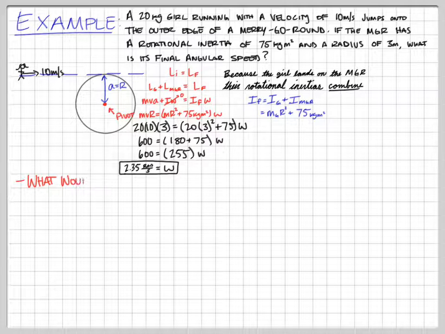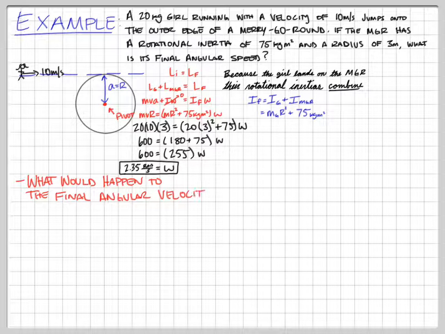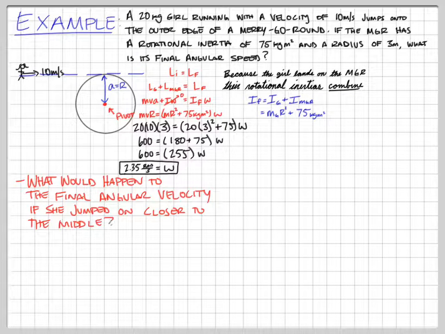So, we're not going to do this, but just think through what would happen to that final angular speed, or final angular velocity, if the little girl were to jump not onto that outside edge, but a little bit closer to the middle. Basically what we're saying is, what if A were smaller?